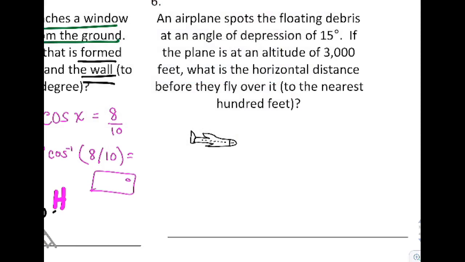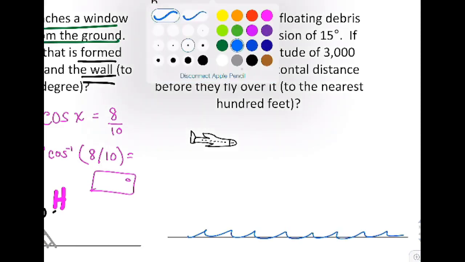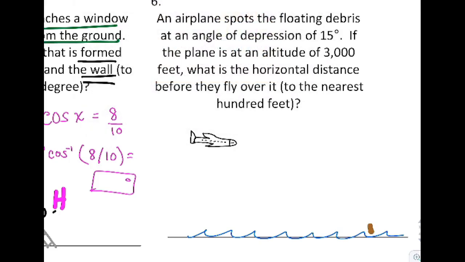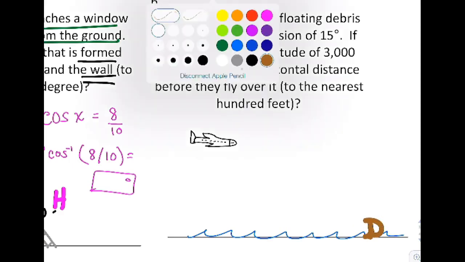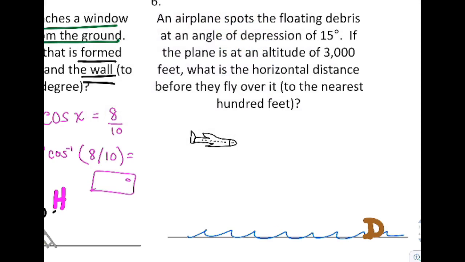So there's some water down here, and there's some floating debris. I'll use the letter D because I don't know what kind of debris it is, so just pretend there's some floating debris down here in the water. When you have an airplane problem, you want to draw a parallel line to the ground up in the sky.